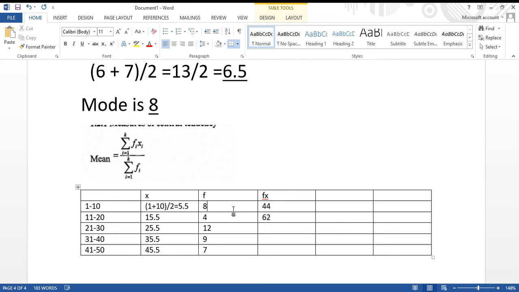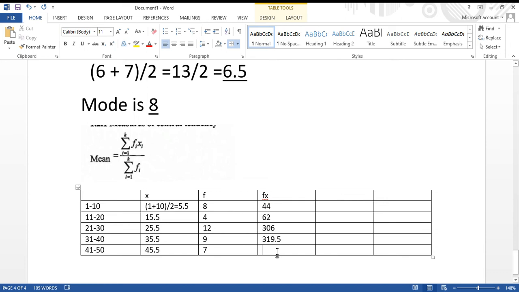25.5 times 12, we get 306. Then 35.5 times 9, you get 319.5.